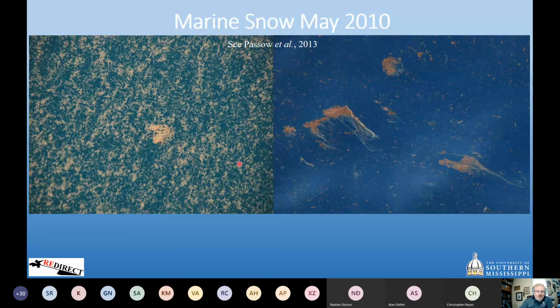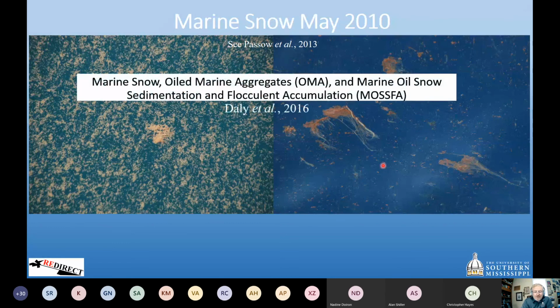In the beginning it looked like this, and then it changed into shapes like this. I took those pictures back in 2010 on the Pelican cruise, and it was dubbed later on marine oil snow, or marine snow oiled marine aggregates, or marine oil snow sedimentation and flocculent accumulation. That's a mouthful. In a workshop published later on by Daly in 2016.